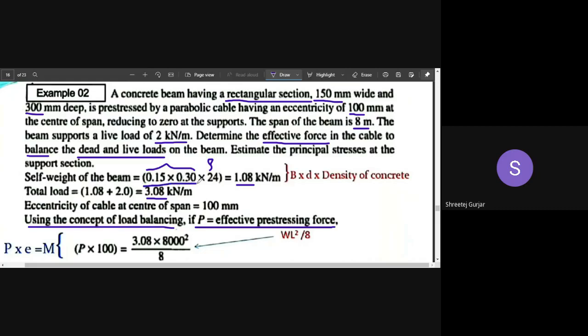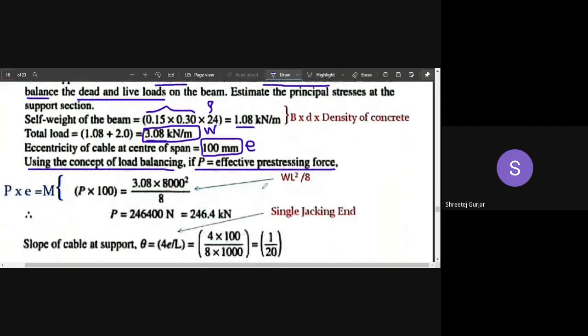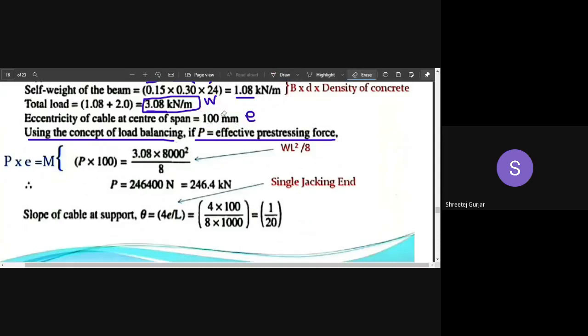We need to find out the effective pre-stressing force P required to balance this load that is coming on the beam. We have been given the effective eccentricity, that is 100 mm, which we will consider as E. Coming to the load balancing concept, I hope you recall some of what we have learned in load balancing.